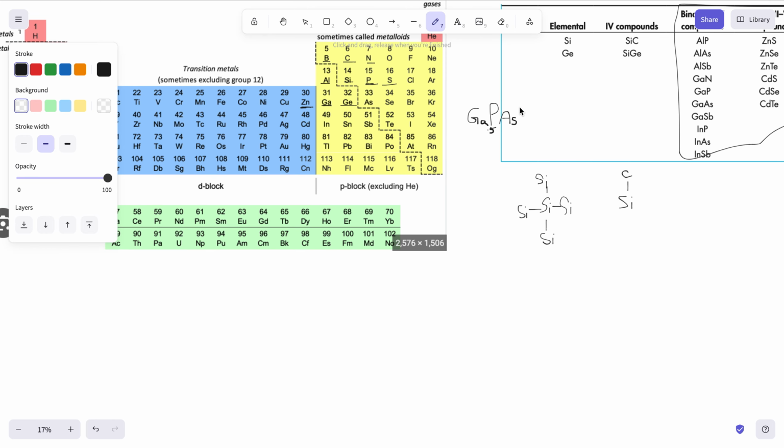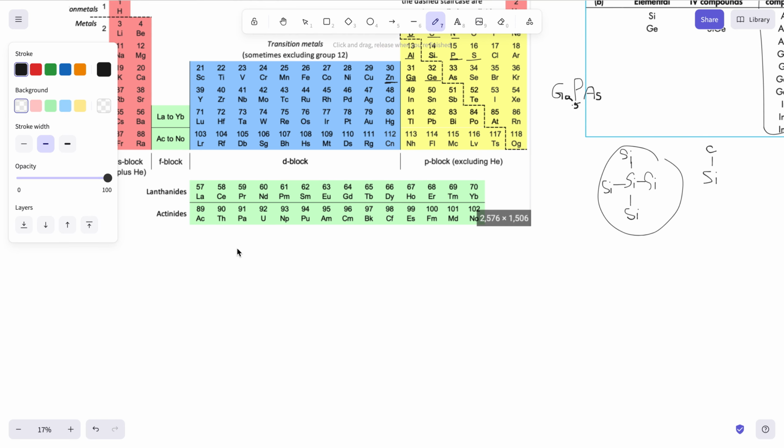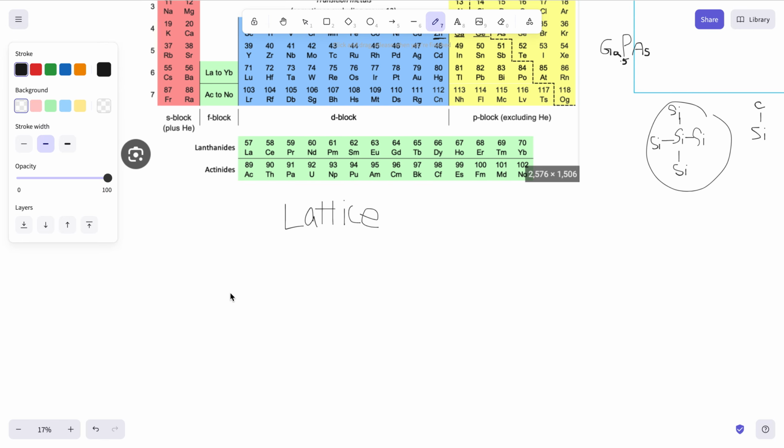Now, the key to understanding the structure of these semiconductor materials is through lattices and crystals. So all of these materials, when they form together and bond together, form lattice shapes. And these lattice shapes come in 4 different varieties, at least for what we're concerned with.